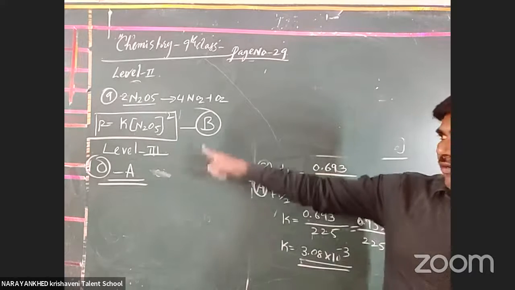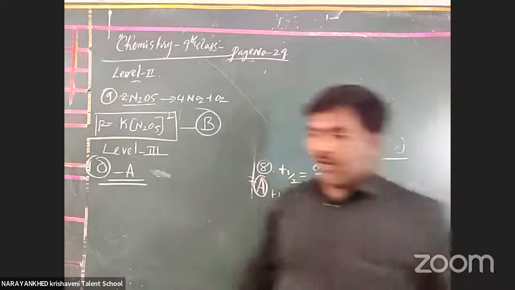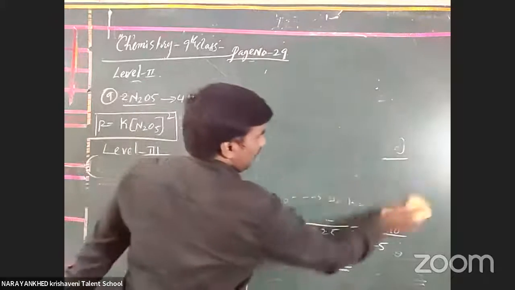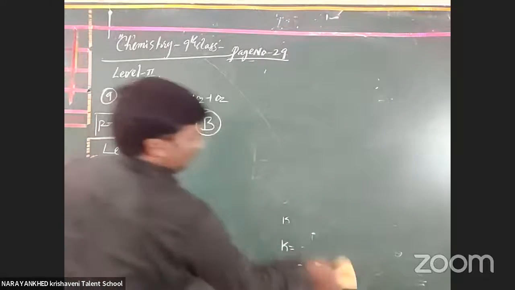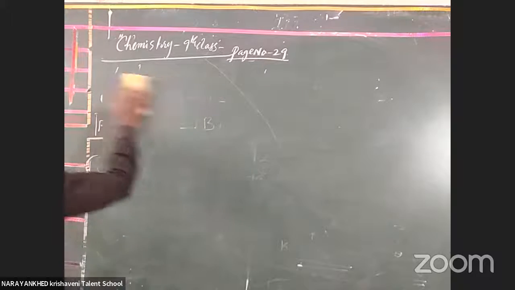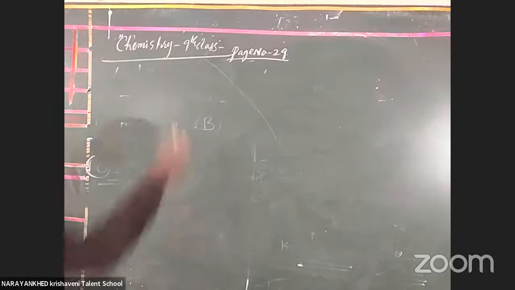Completed up to here. Now I am going with that total. The table is compulsory for us to complete this one. Level 3 question, 11th one onwards.